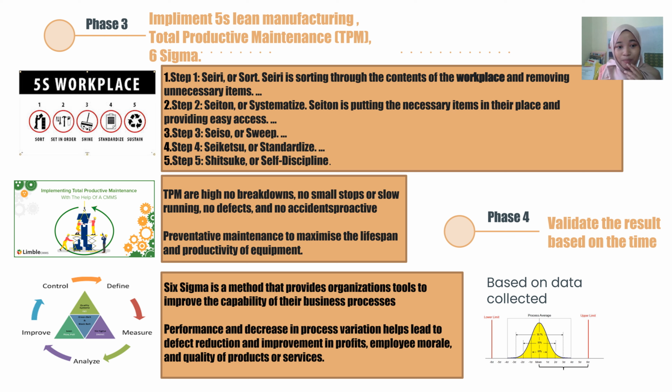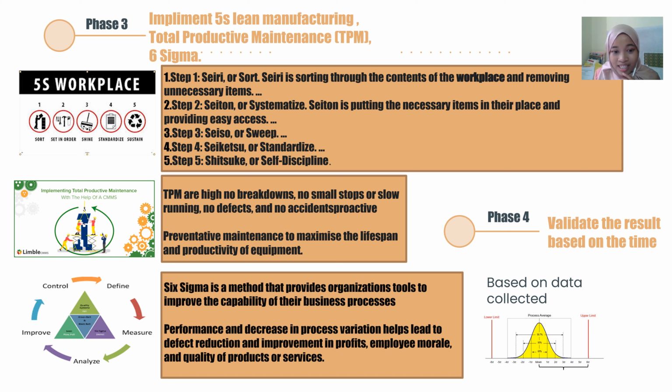For TPM, the aims are no breakdowns, no small stops or slow running, no defects, and no accidents, with operative preventative maintenance to maximize the lifespan and productivity of equipment. From this we can also calculate the OEE, overall equipment effectiveness, whose formula is calculated by multiplying availability, performance, and quality, and represented as a percentage.